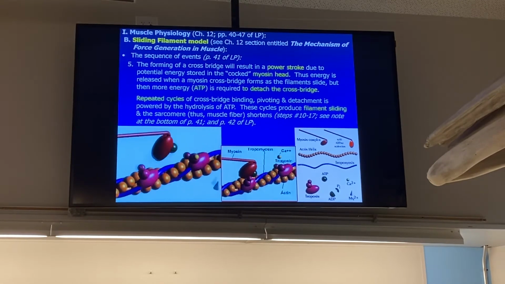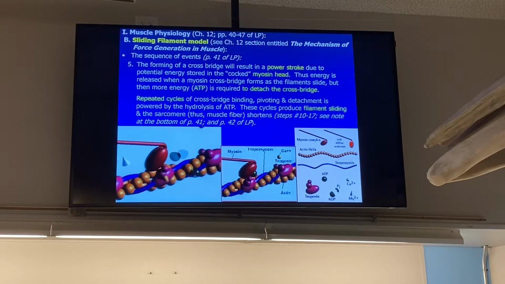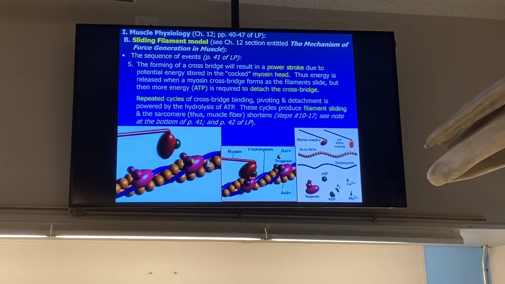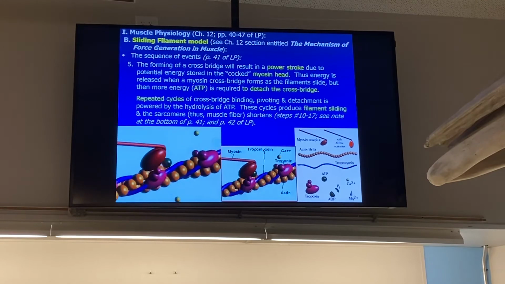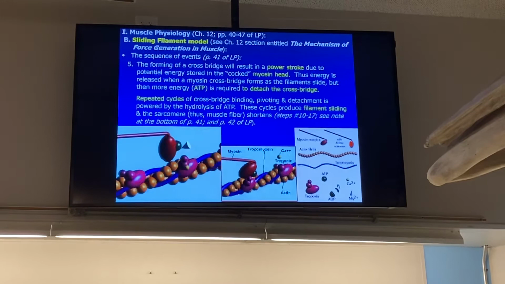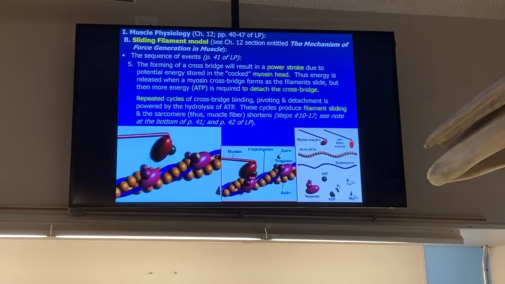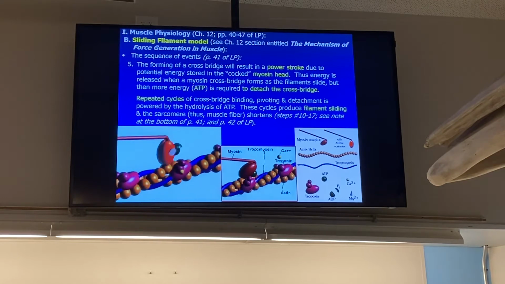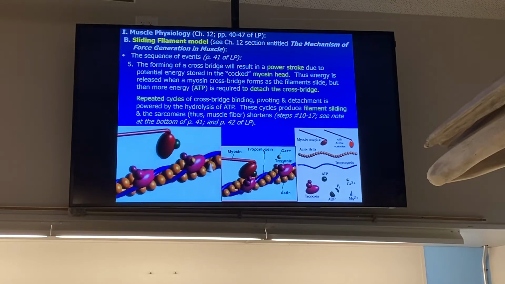Does everybody see the double helix of golf balls, actin pearls in yellow? Everybody see the two ropes in blue, tropomyosin? Everybody see the purple snowman, troponin? Everybody see how there is a yellow ball that binds to the snowman? That's calcium ion.